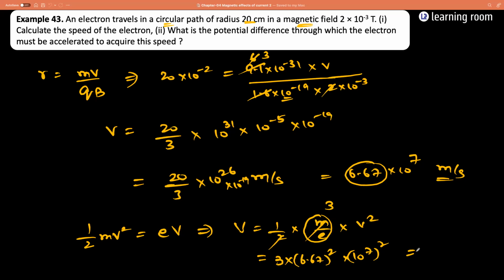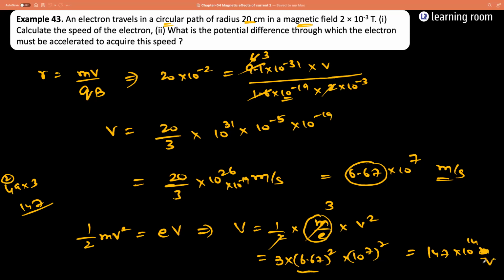Taking the approximate value, what should your answer be? 7 square will be 49. So 6.67, I'm saying, let's say it's 7. 7 square will be 49. 49 into 3 is going to be 147. So 147 into 10 power 14.